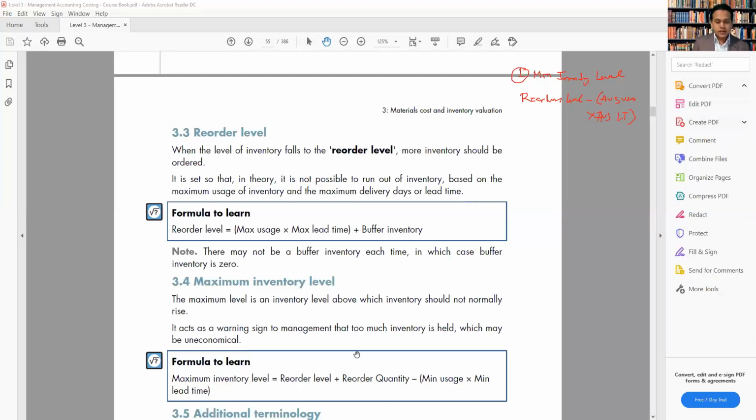What is the formula we have for the reorder level? Let's check that.